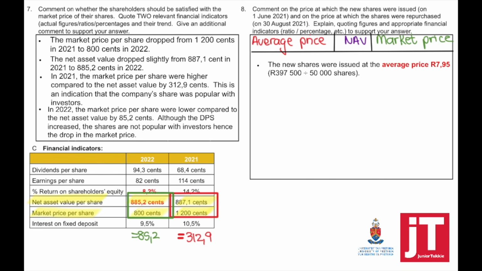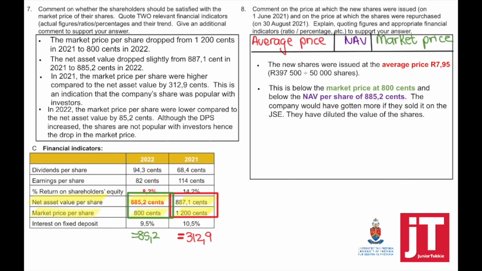So looking at the new shares, it was issued at the average price of R7.95. How did we calculate that? We took the 397,500 divided by the 50,000. This is below the market price at 800 cents and below the net asset value.